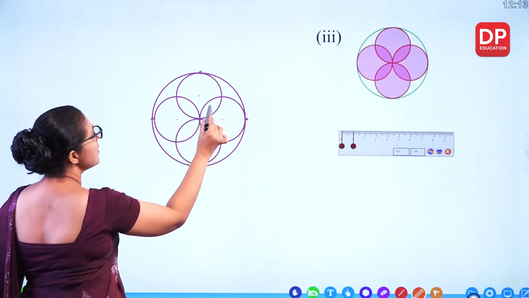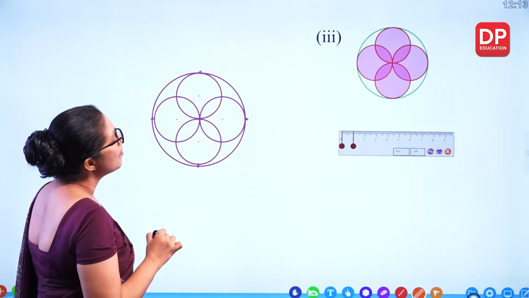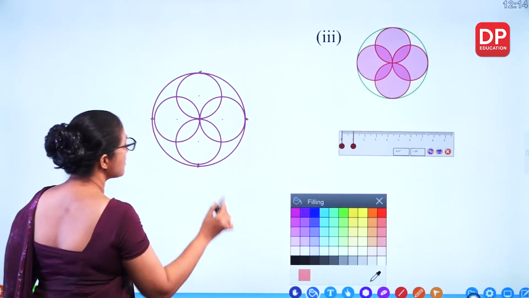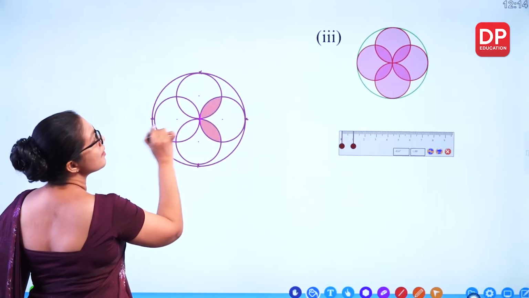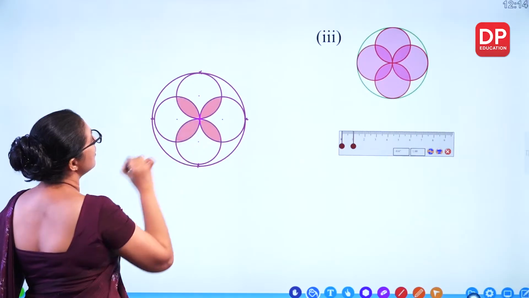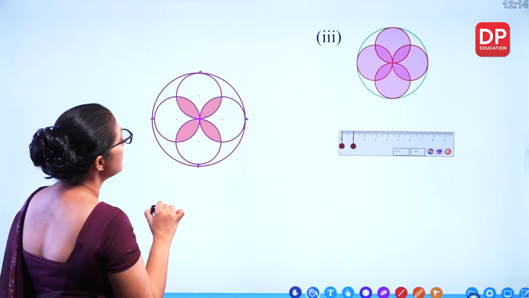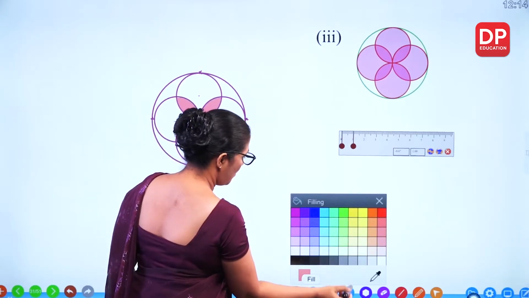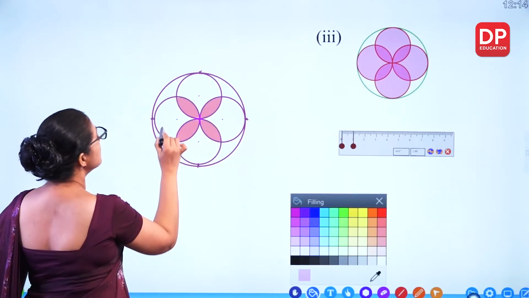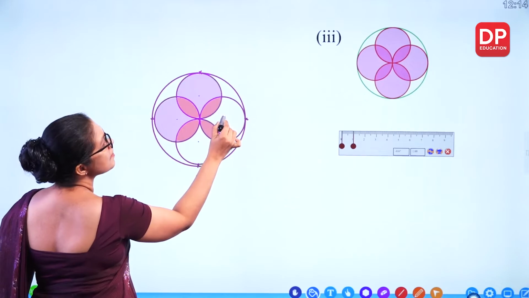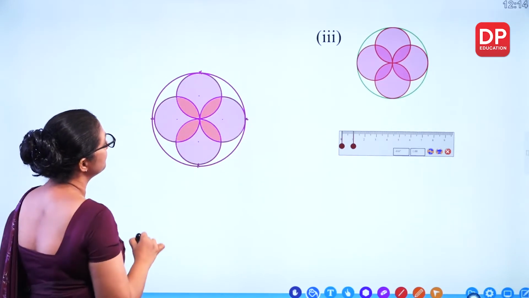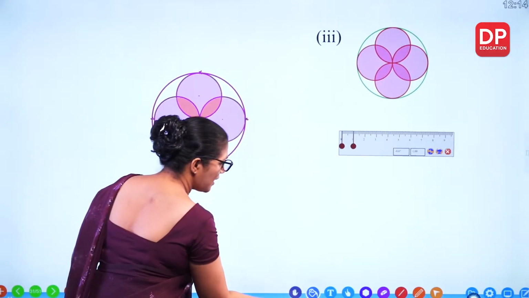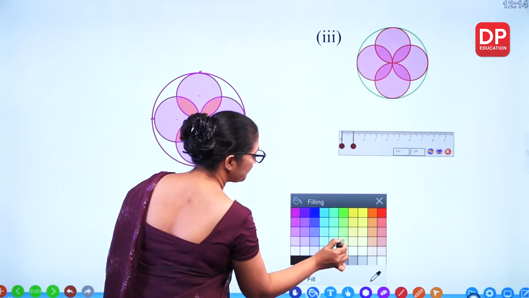Now we can color these petals. We'll put something like this. So here you get something like that. And light color here. We'll put a light color for these ones. And light green color around.